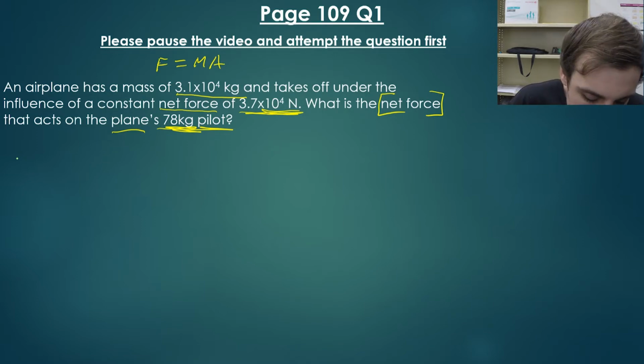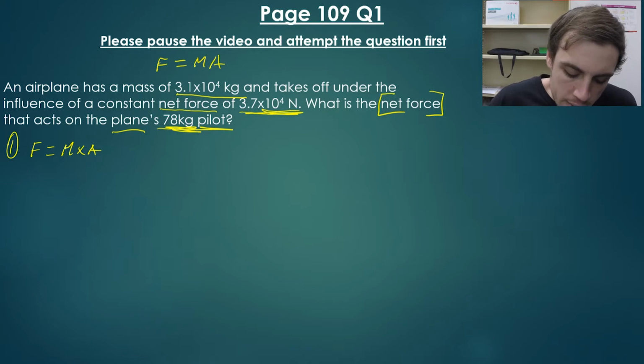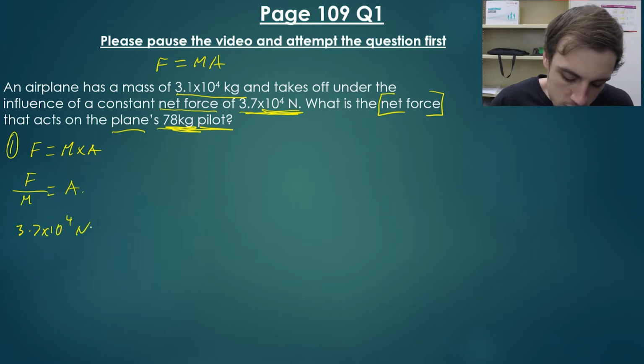So step 1 is we look at the acceleration for the plane. Force is equal to mass times acceleration. Looking over here, the relationship is a multiply, so as the mass moves over, it turns into a divide. So force over mass equals the acceleration. We have our force, which is 3.7 times 10 to the 4 newtons, divided by the mass, 3.1 times 10 to the 4 kilograms.